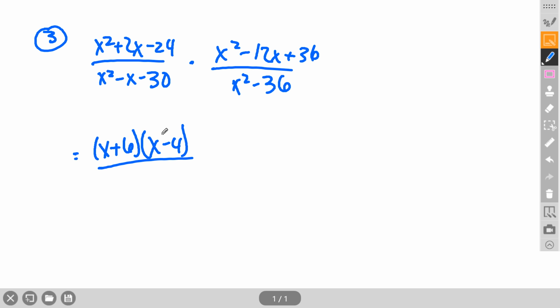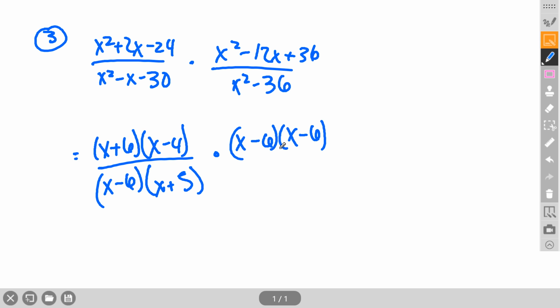X squared minus x minus 30 is x minus 6, x plus 5. Times x squared minus 12x plus 36, that's x minus 6 times x minus 6. X squared minus 36 is a difference of 2 squares, that's x plus 6 and x minus 6.